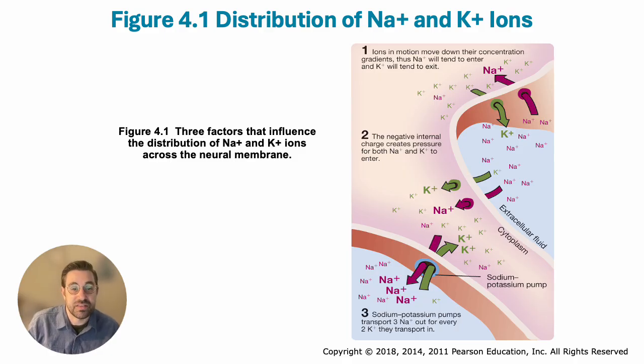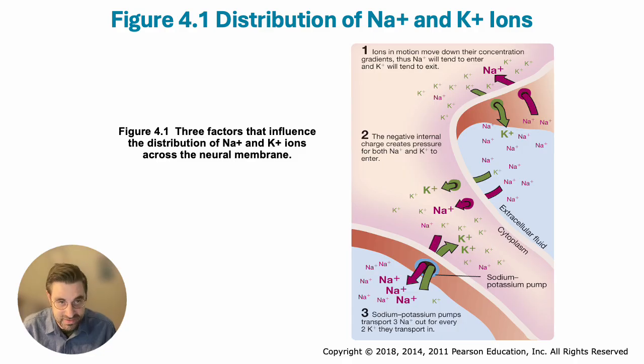There's also a negative internal charge, right? We measured that in the squid. It's negative 70 millivolts inside. And so there's an electrostatic gradient to pull sodium in and also to pull potassium in, right? So we got all this pressure in from concentration and from electrostatic gradient.